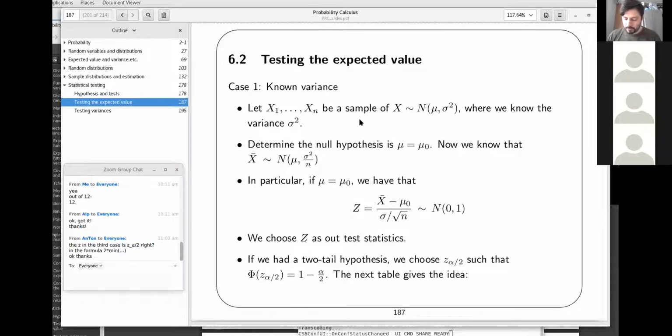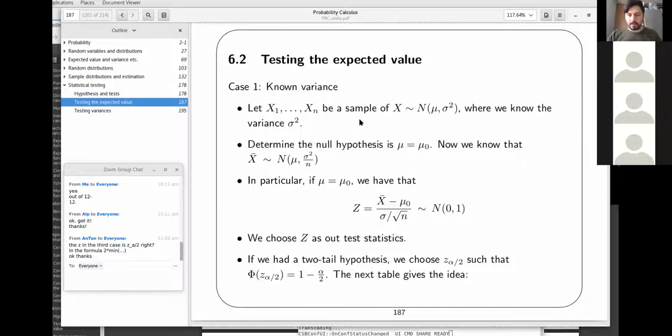So divided by 15.3 over the square root of 5. That's my Z now.